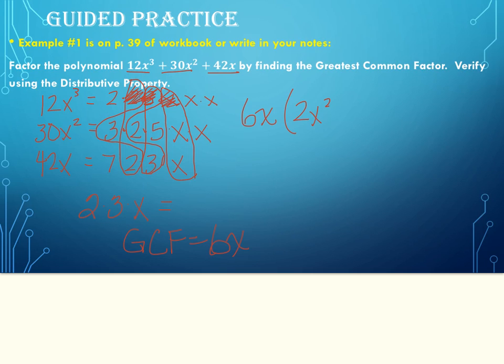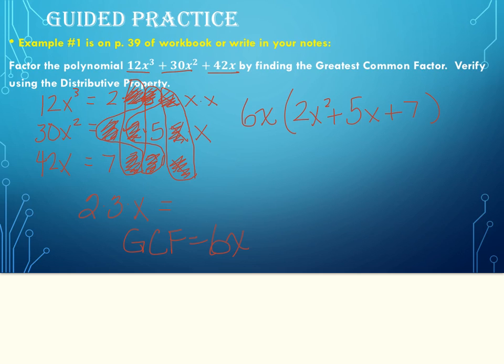Of the 30x squared, I took out a 3, I took out a 2, and I took out an x. So there's 5x left. I took out from the 42x a 2, and a 3, and an x, and all that's left is a 7. And so I'm finished.